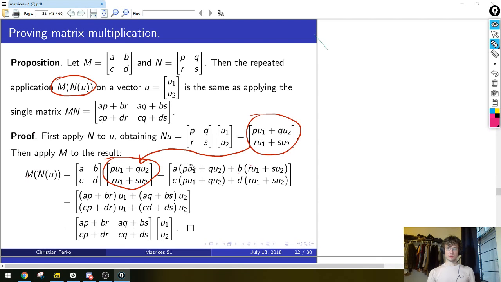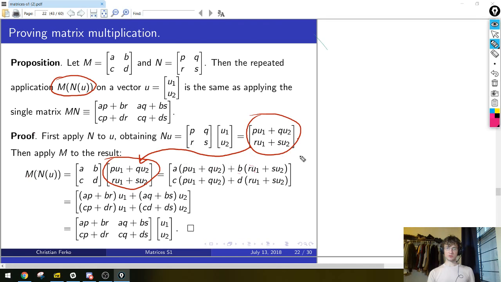So if I distribute A, there's APU1, AQU2, BRU1, BSU2, and I'm just going to factor out the U1s times that sum, and the U2s times this other sum.